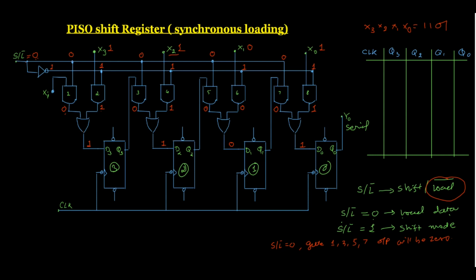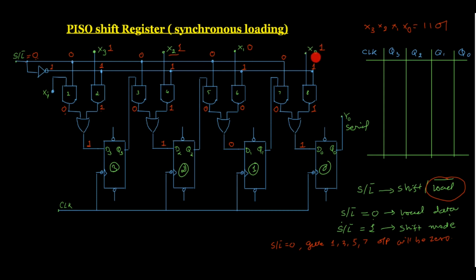Now look at this. Here what are my inputs? x3 is 1, and it is now transferred to the input of flip-flop number 3. x2 is 1, now it is transferred to the input of flip-flop number 2. x1 is 0, it is transferred to flip-flop number 1 as a 0.